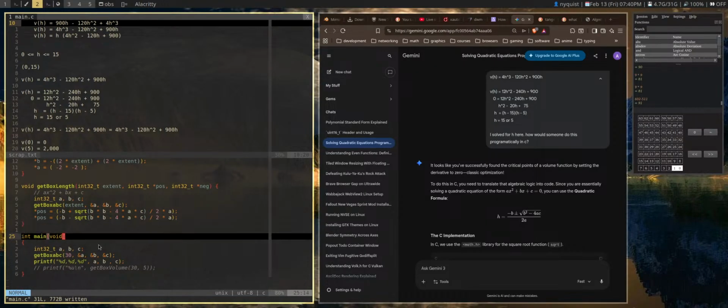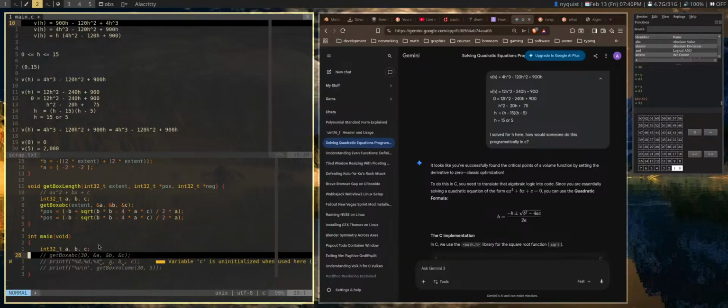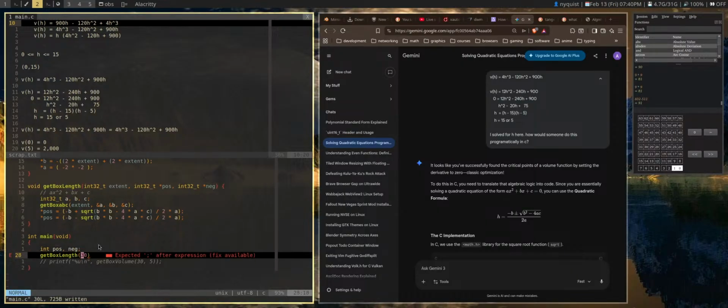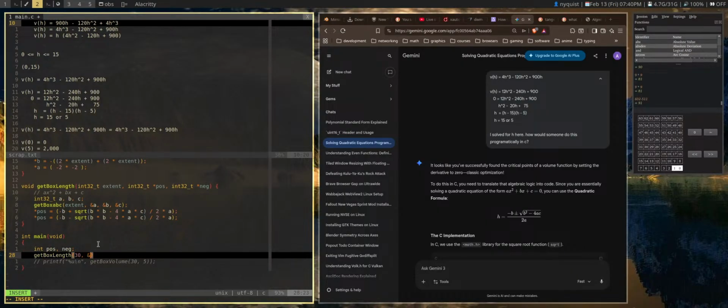Remove all this. Get box length, extent of 30, and this should give us our positive and negative for our quadratic formula. Positive and negative.